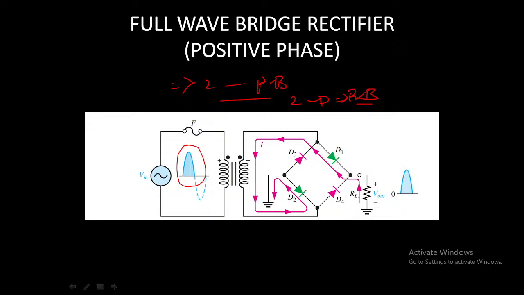If you observe, the current flows from D1, followed by the load, and followed by D2. So it is making a circuit. It starts from here and ends here.